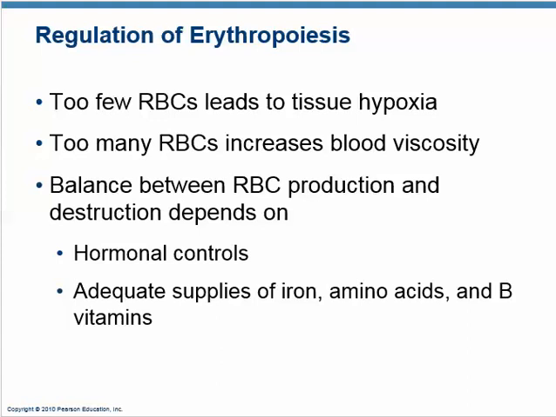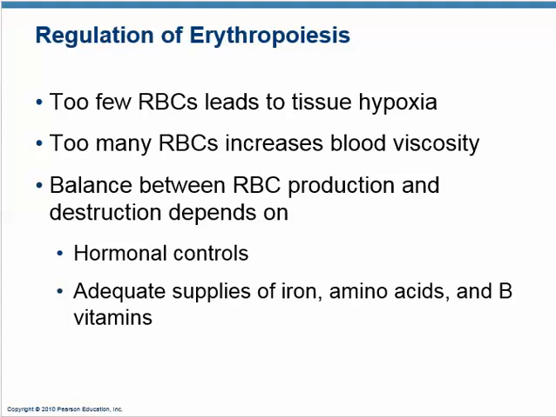If you have too many red blood cells, then the blood becomes too viscous. It increases resistance to flow, and it makes blood flow more difficult. So you have to have just the right number of red blood cells. Anemia is too few, and polycythemia is too many.